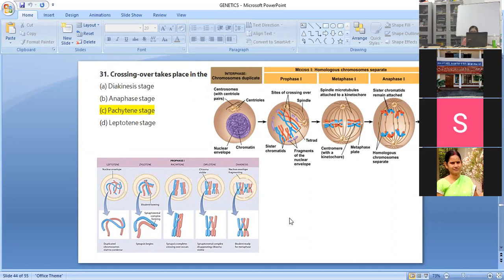So before that, we have to conceptually give the students a picture of the diagrams: how separation happens, at which stage alignment happens, and where crossing over starts. All this information we need to provide prior to setting such questions. If we have only mentioned prophase 1, then we have to give the options accordingly. Crossing over will take place in prophase 1.